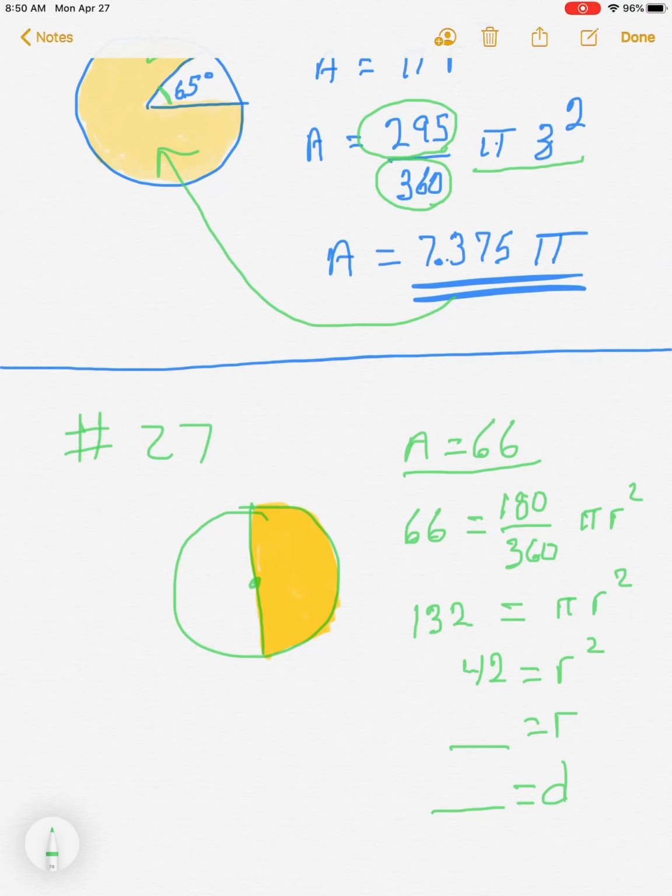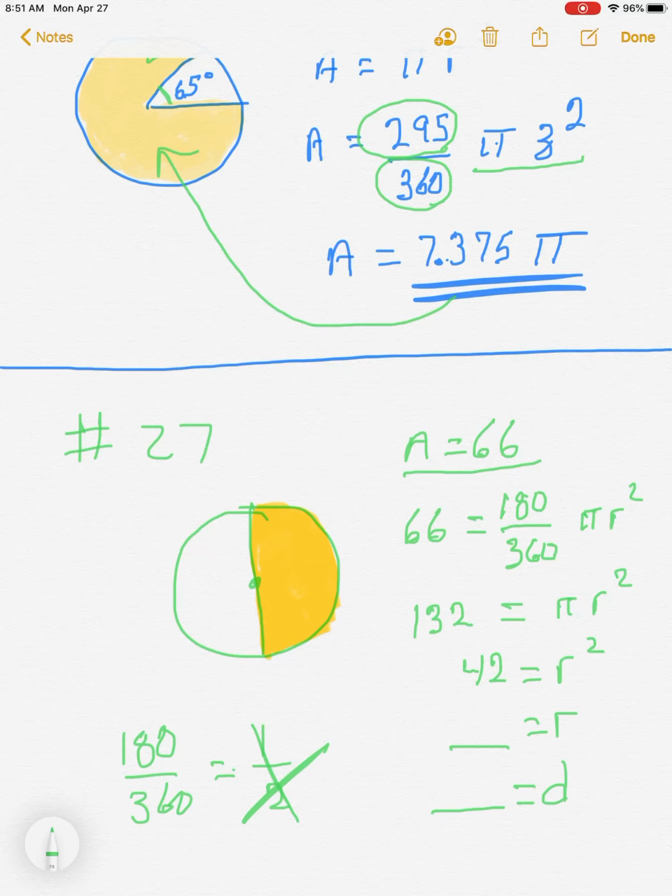If I take 66 and divide by 2, I will know what pi r squared is. The reason I'm dividing by 2 is 180 out of 360 is 1/2. So what I did is I multiplied both sides by 2 to eliminate the 1/2. 66 times 2 is 132.